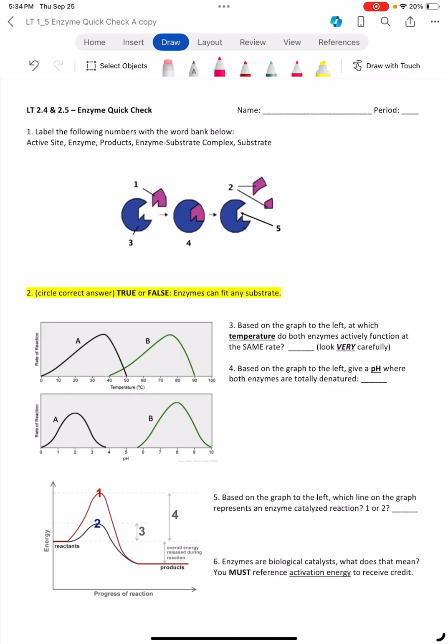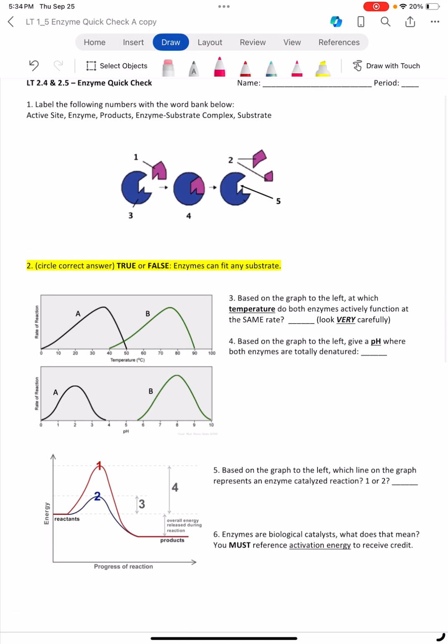So what we have right here, number one, is an enzyme reaction diagram. So here the enzyme is breaking something down. It's doing a hydrolysis reaction. So it's taking this, which is the substrate, and turning it into a final product. So this is just like what we had in the lab.